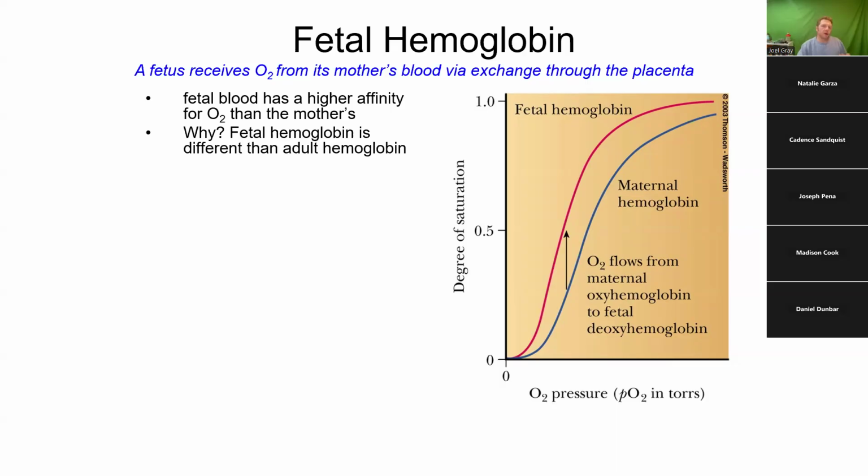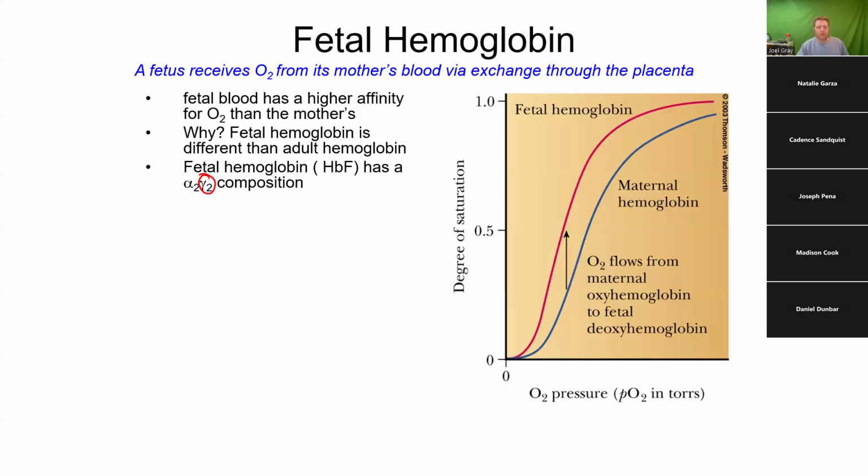Rather than being a pair of alpha and a pair of beta subunits making up the tetramer, fetal hemoglobin has a slightly different composition. It's got two alpha subunits and two gamma subunits. So alpha 1, alpha 2, gamma 1, gamma 2. All that I want you to take away from that is that these two subunits are different from the beta subunits.